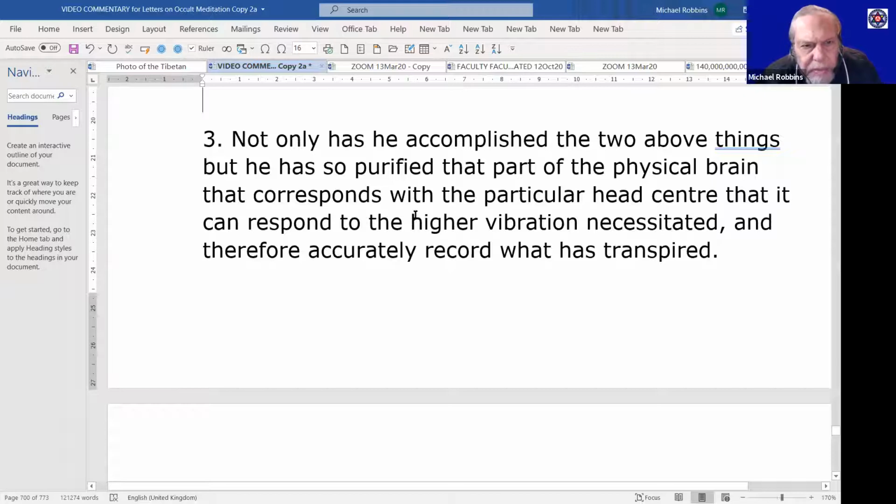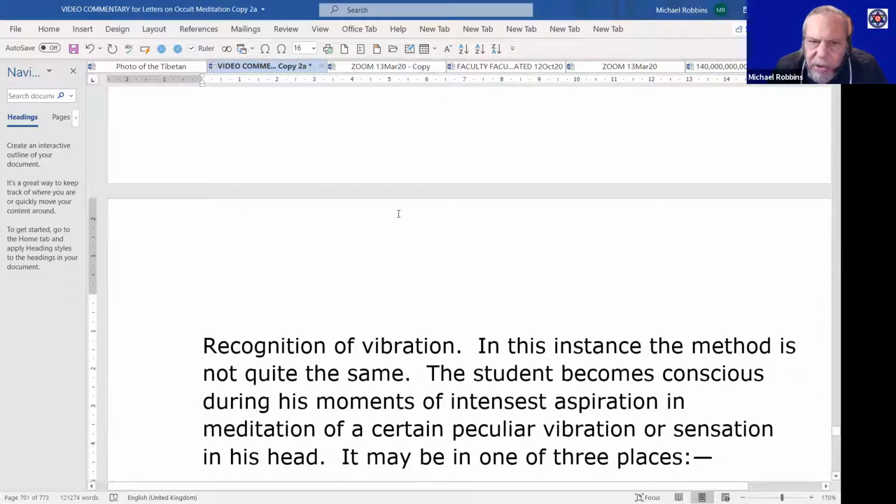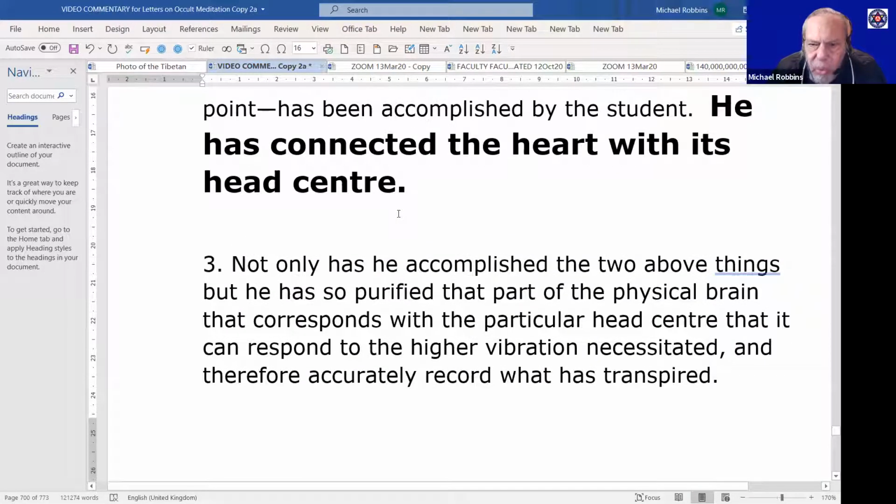And number 3, that he has accomplished, not only has he accomplished the 2 above things, but he has so purified that part of the physical brain that corresponds with the particular head center, that it can respond to the higher vibration necessitated and therefore accurately report what has transpired.